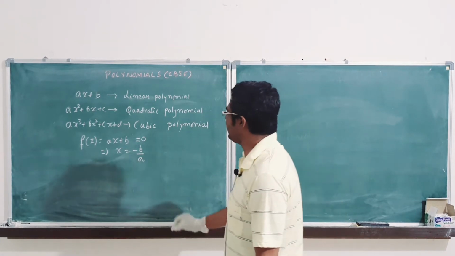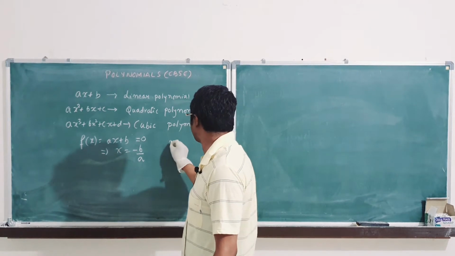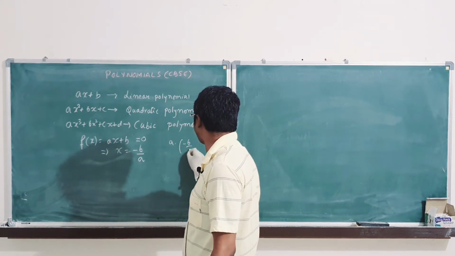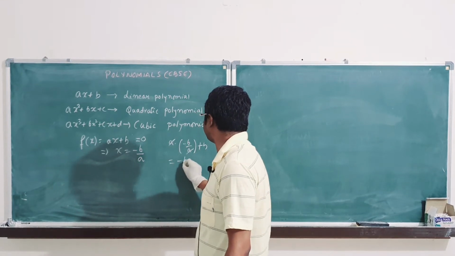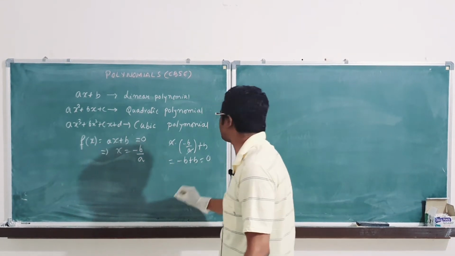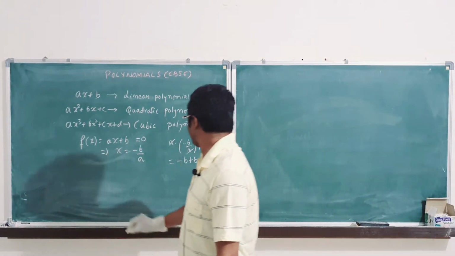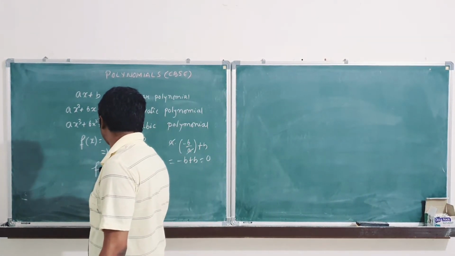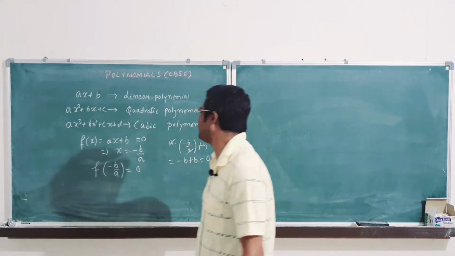If I put the value of x as minus b by a, that is minus b by a times a plus b, the a and a cancel out, minus b plus b is equal to 0, it has to come. Clear? So f(minus b by a) is equal to 0 for this polynomial.